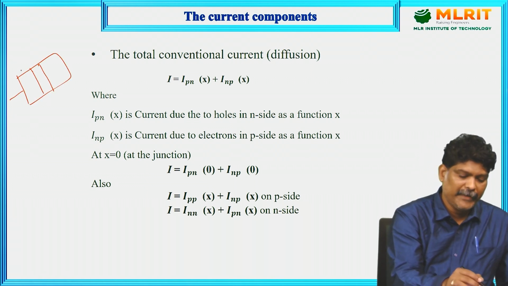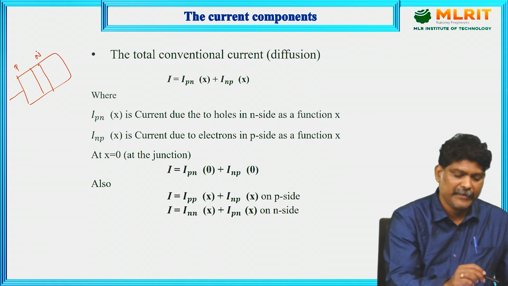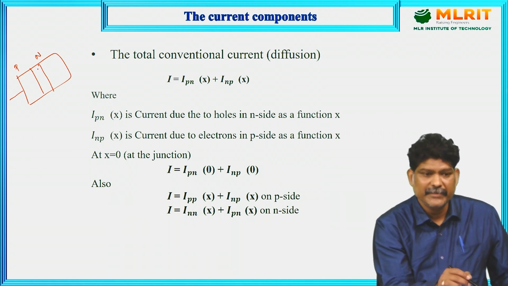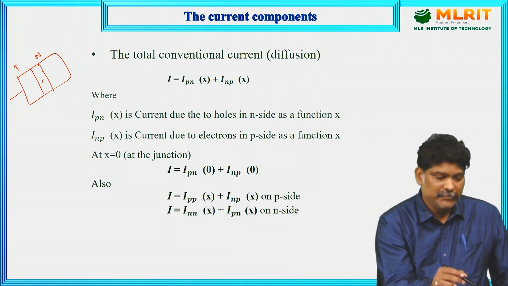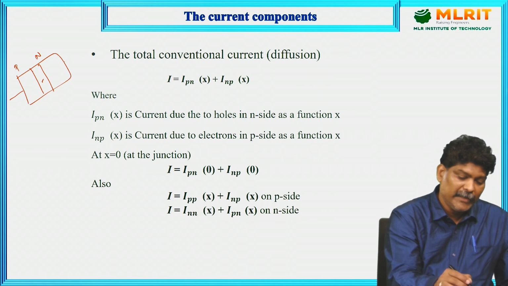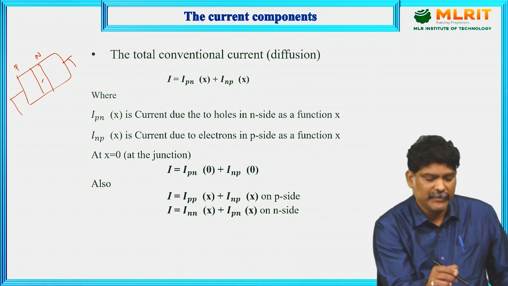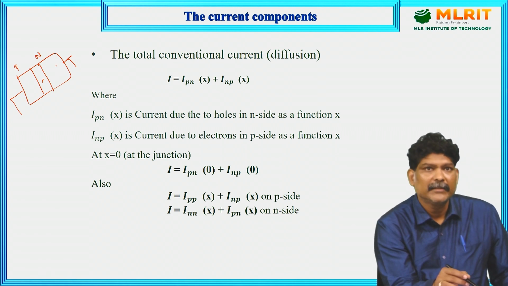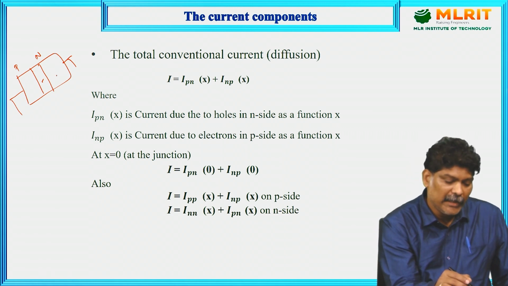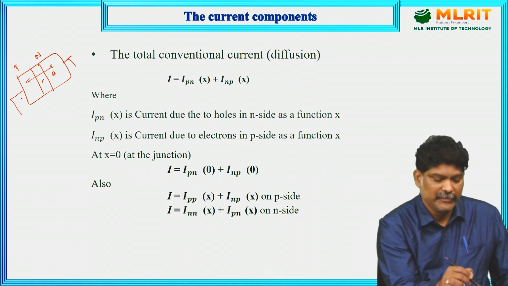So this is a PN diode, P type and N type semiconductor material, and this is the depletion region. Now, whenever any supply is given, for example forward, what happens here? Some of the electrons, the majority charge carriers in the N side, will diffuse towards the P side.